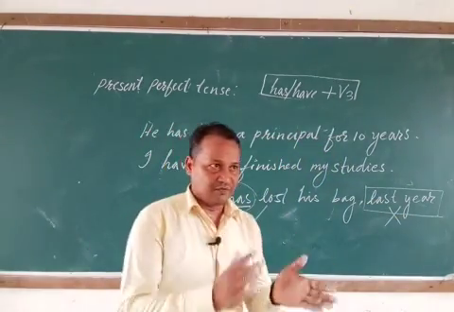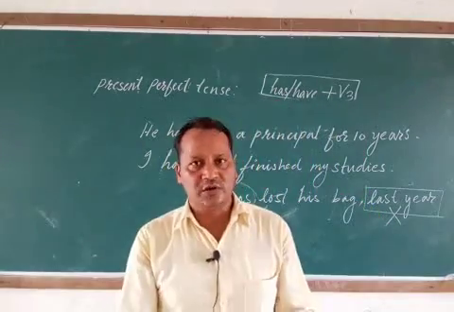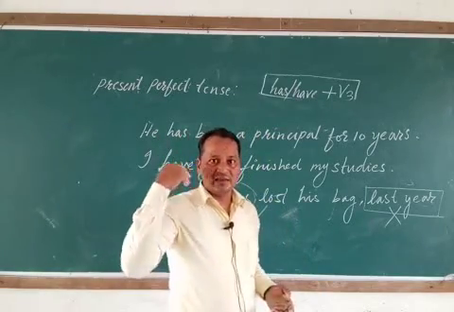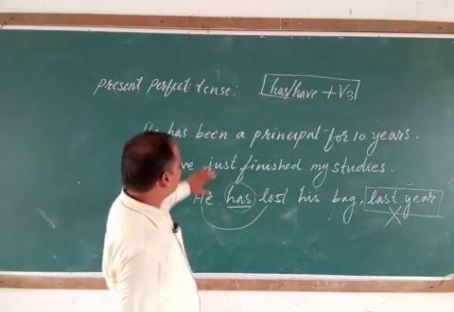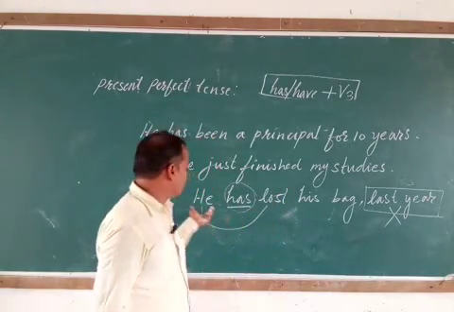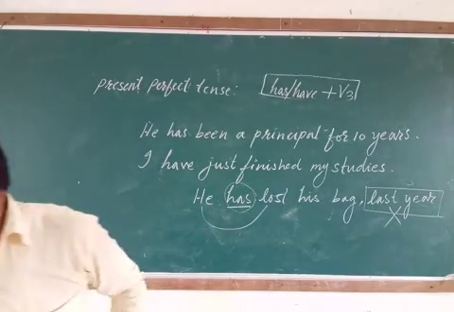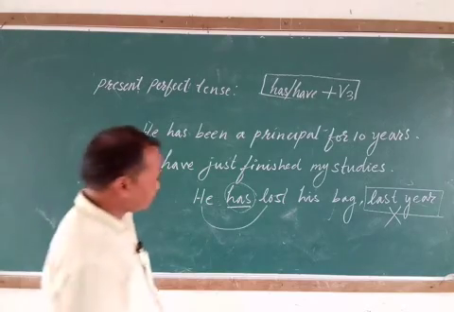When time is not defined, not clear, when time is not important to us, we describe that incident in present perfect tense. He has lost his bag. When has he lost his bag? It is not clear and it is not important also.